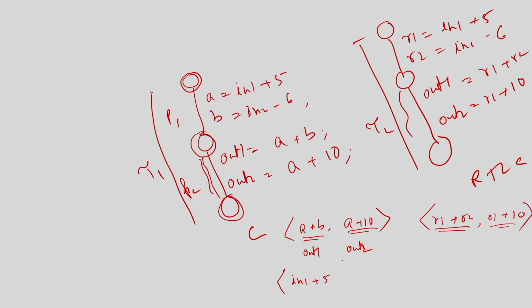So, it will become in 1 plus in 2 minus 1, right, minus 1. This is my out 1 and this is in 1 plus 15, right, and here again it will become in 1 plus in 2 minus 1 and this is in 1 plus 15.